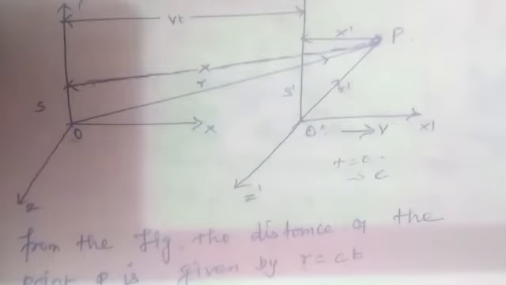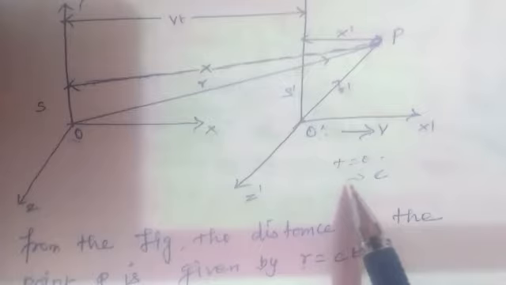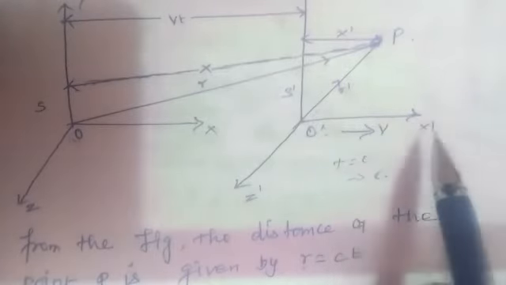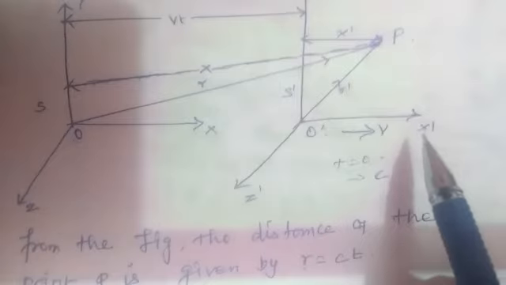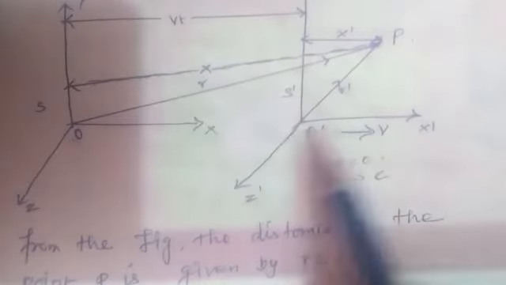Suppose a light pulse is emitted when O and O dash coincide. The light pulse produced at t equal to 0 will spread out as a growing sphere.